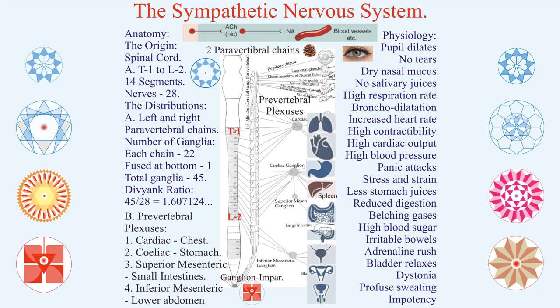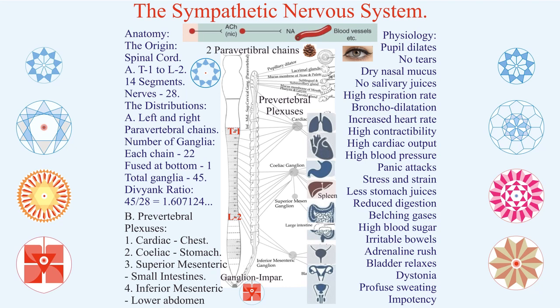Origin. Preganglion fibers originate from 14 spinal segments: thoracic 1, 2, 3, 4, 5, 6, 7, 8, 9, 10, 11, 12, 12 segments of thoracic, plus lumbar 1, lumbar 2.